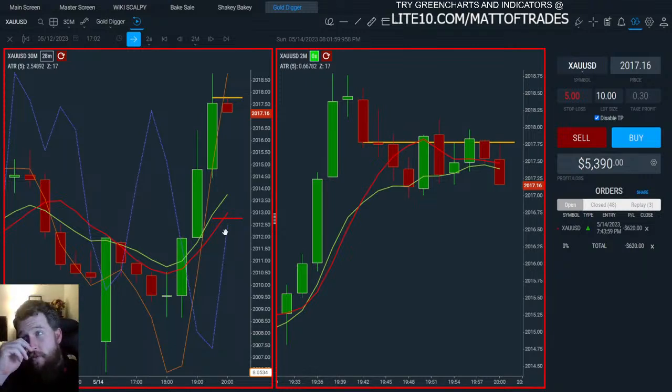This is where rules could get a little bit tricky, when our blue switches, especially when we're not in profit. What do we do? Probably just adjust our stop to an area that makes sense.